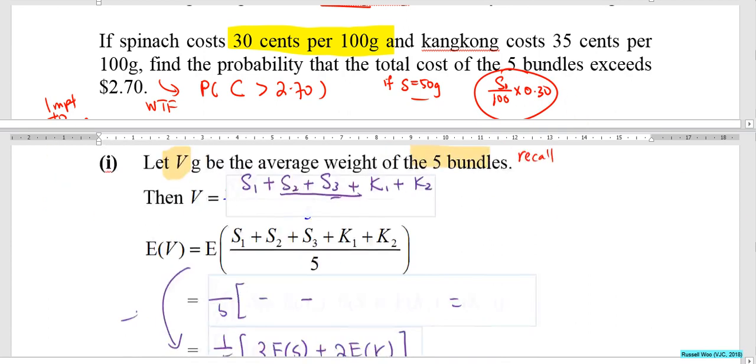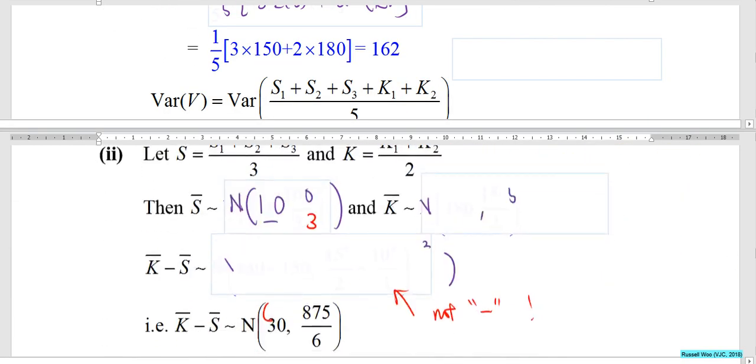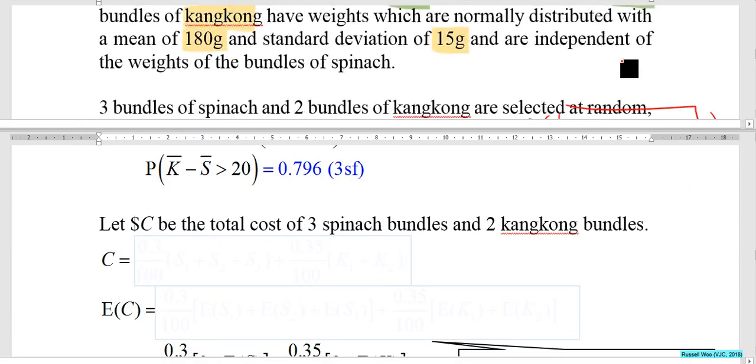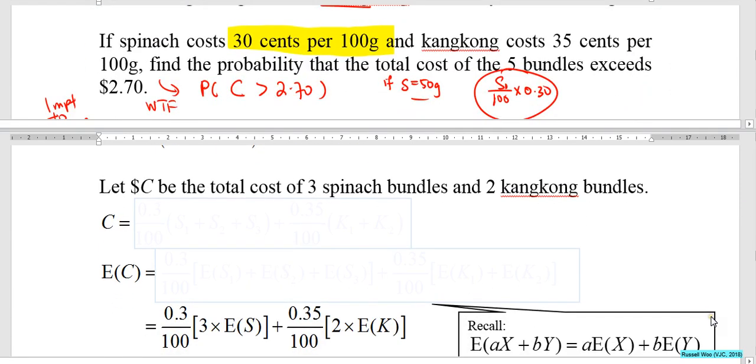Now you want 5 bundles. Cost of 5 bundles with 3 spinaches and 2 kangkongs. The cost must be equal to 0.3 over 100 times S1 plus S2 plus S3.